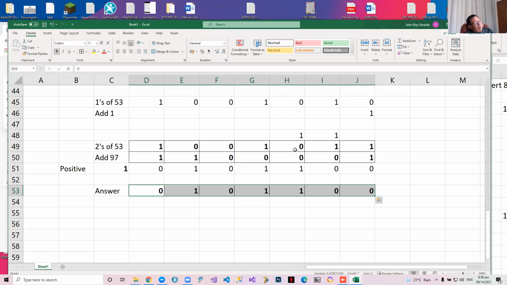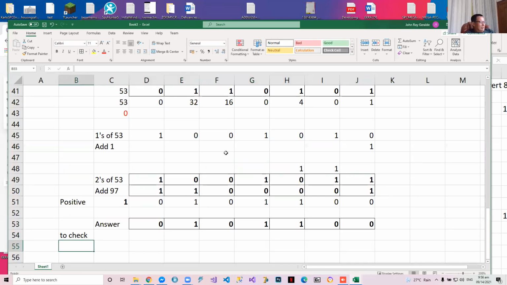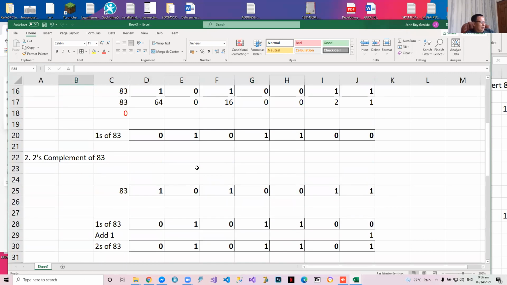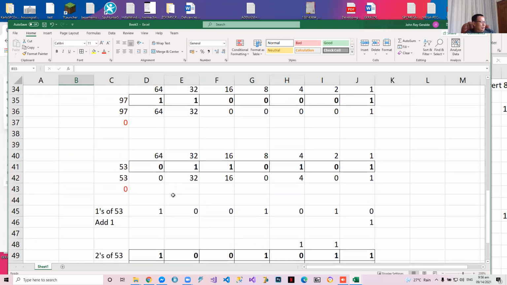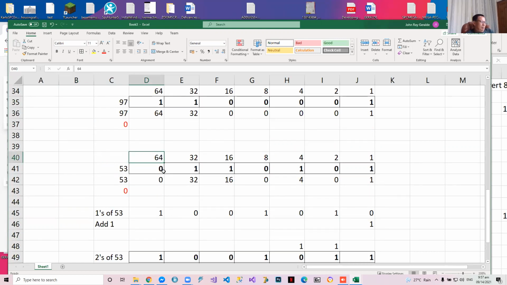Now, what you can do is check the answer. Okay, to check what's 53 minus 97, it should be 44, right? 44, no? 44, the same answer here, 44. Okay, 7 minus 3 is 4, 9 minus 5 is 4. So since this is positive, okay, what we will do is just convert this into its plain form, no?